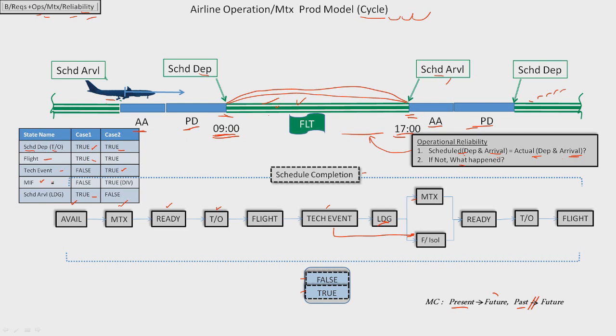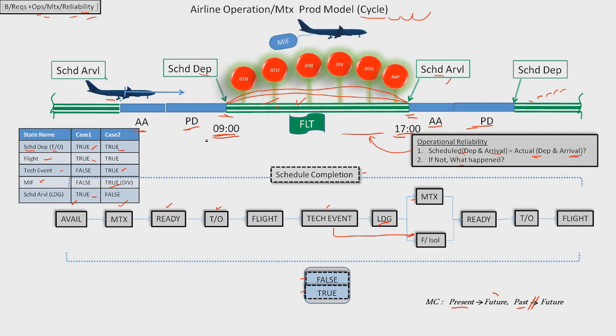Flight interruption is true, and I'm using here, just bringing all these flight interruptions we already discussed, but for better understanding, diversion. Let's say we diverted, this is airport E. And scheduled arrival or landing is false, from a time perspective, 17:00.